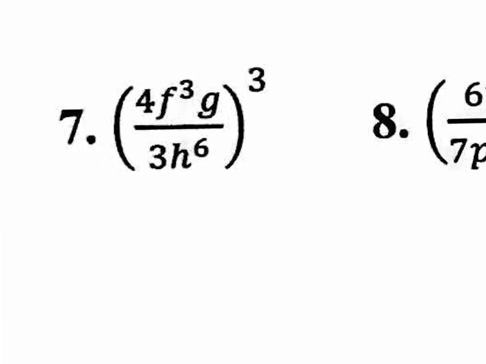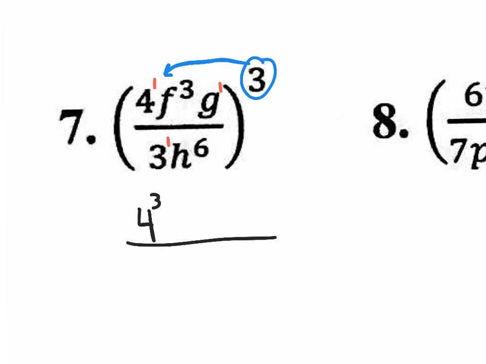So first recognize that the ones that don't have exponents, they have the invisible 1, and then we're going to distribute. And when we distribute, you multiply a power to a power. So my answer, I'm going to rewrite the fraction, and I'm going to rewrite what I have so far. I'm going to have 4 to the 3rd power. And then when I distribute 3 times 3, that'll give me F to the 9th power.